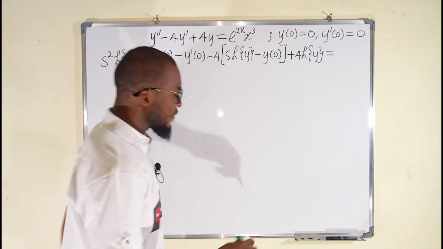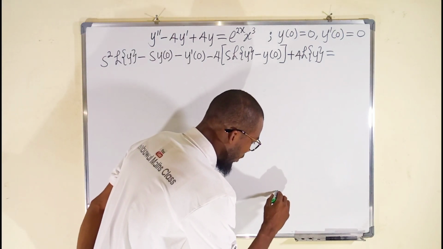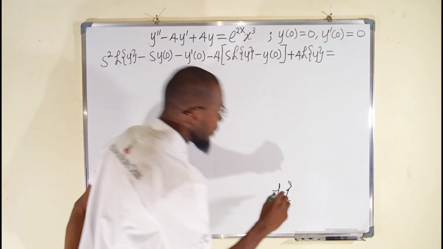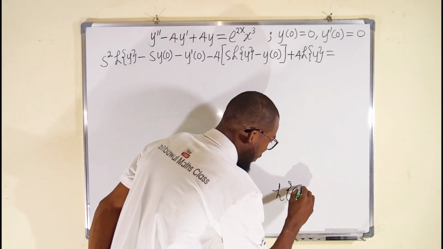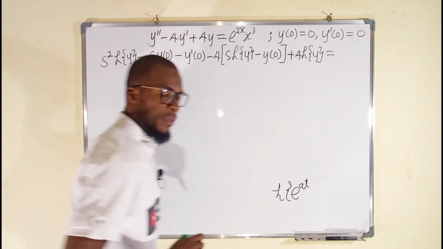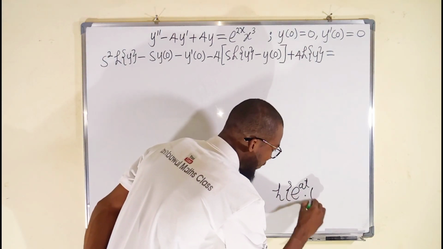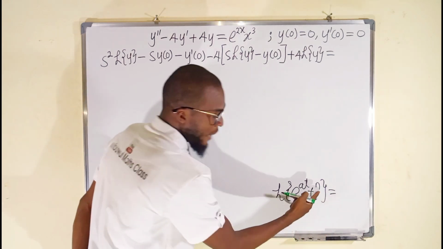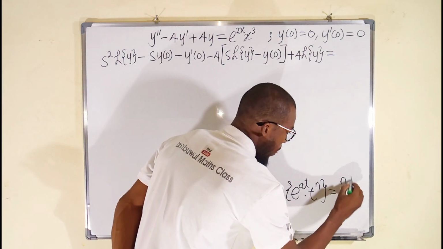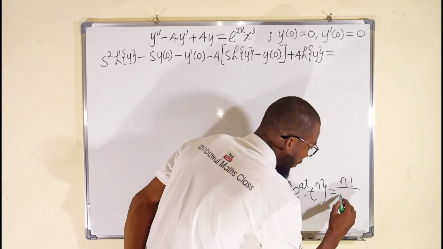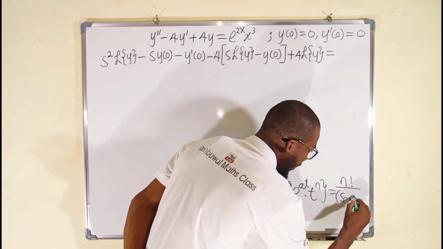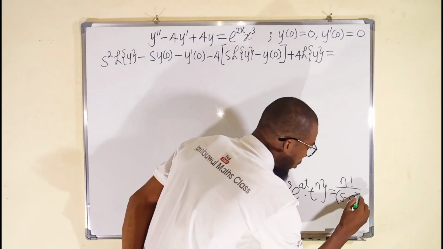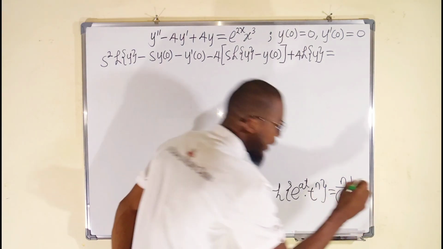Okay, let me remind you of something. Remember, if we have the Laplace transform of e to the at multiplied by t to the power of n, this is equal to n factorial divided by s minus a, which is the coefficient of t here, raised to the power of n plus 1.